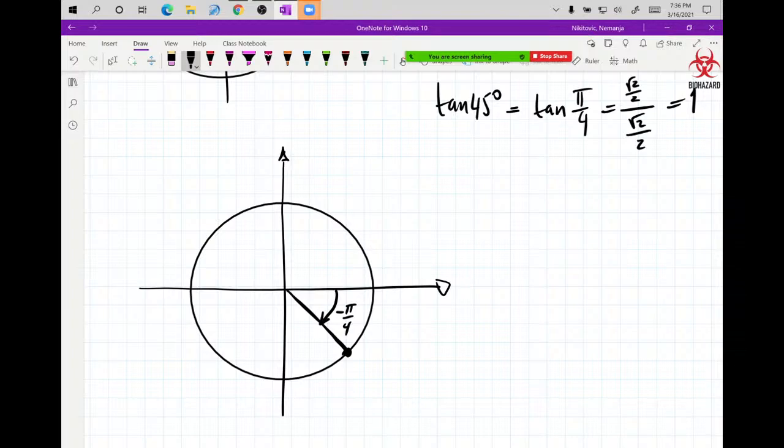Now, do you see what it has as the coordinates? We know that root 2 over 2 are the coordinates. You see, the x coordinate stays positive, but the y coordinate becomes negative because it's below the x-axis. So I didn't have to recompute everything.